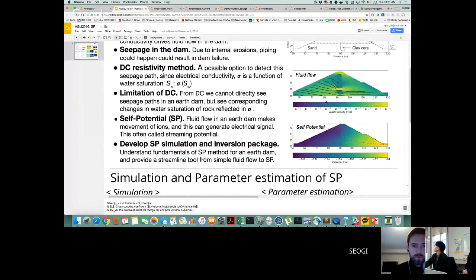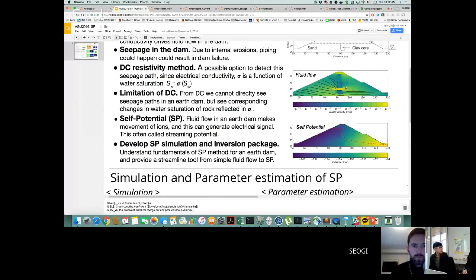For instance, if you have a leakage here, the only change you can see is this water height difference, because that changes the water saturation. Sometimes the water is fully saturated, but it doesn't let you know how fast it moves. So how much leakage you have is hard to see from the DC problem. If you want to see it with the DC problem, you need a huge leakage.